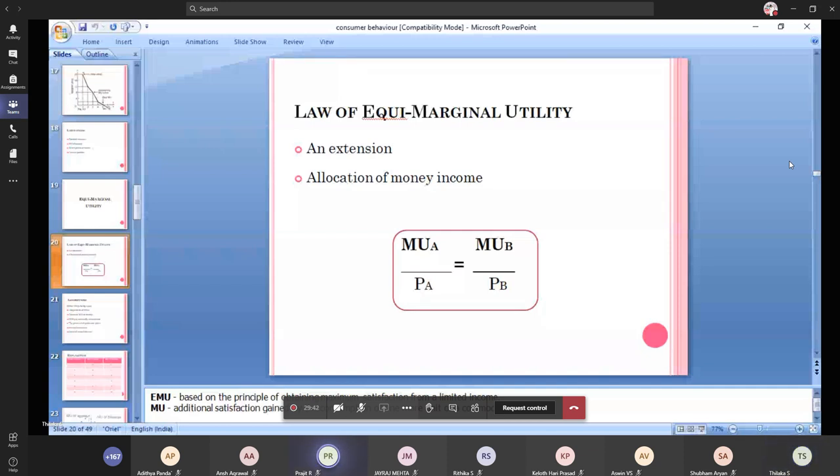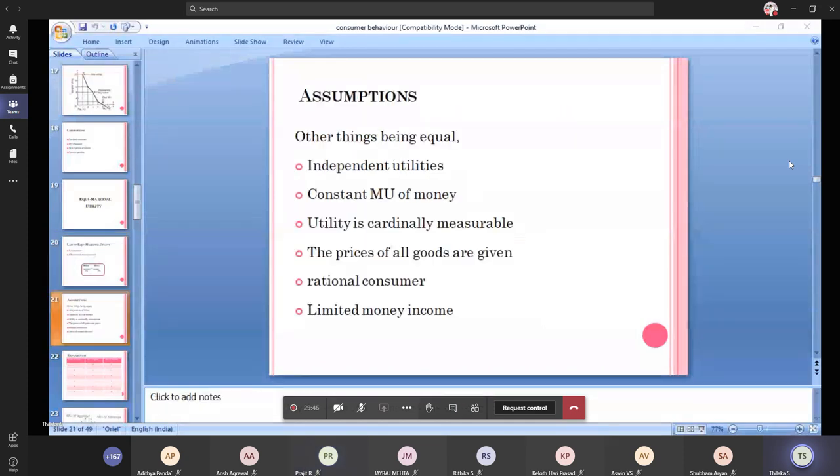Okay, so the assumptions. While other things are being equal, we have the common three assumptions: independent utilities, constant marginal utility of money, and cardinal measurement of commodities.